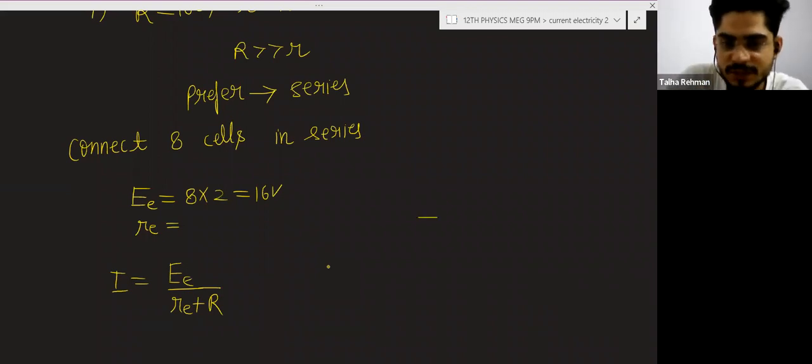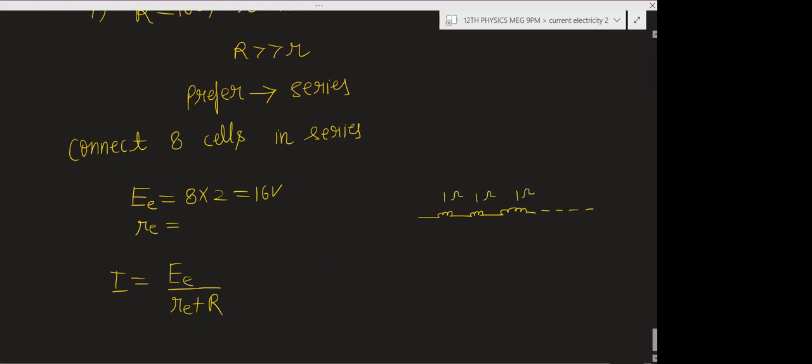You are just connecting 8 cells like this, and this is 1 ohm, this is 1 ohm, this is 1 ohm. So what is the equivalent internal resistance? 8, very good. 8 ohm.